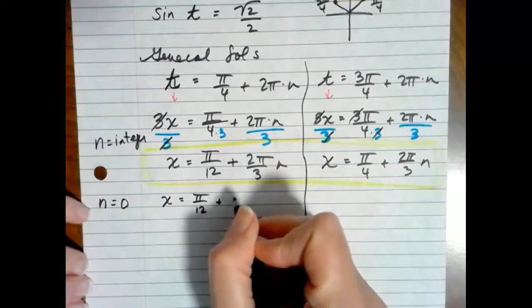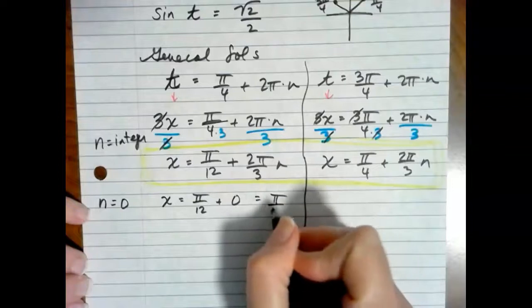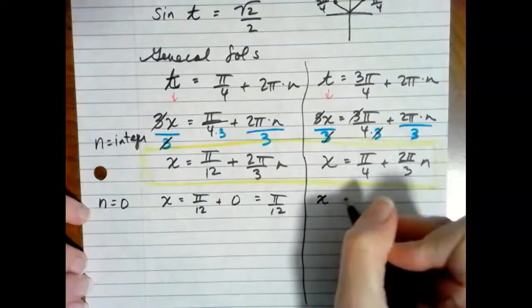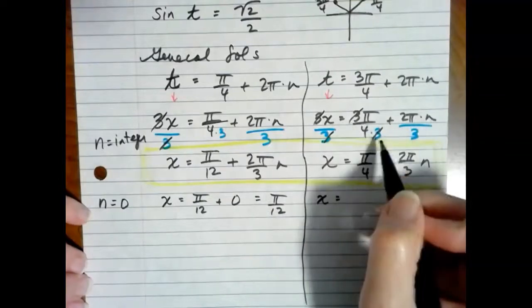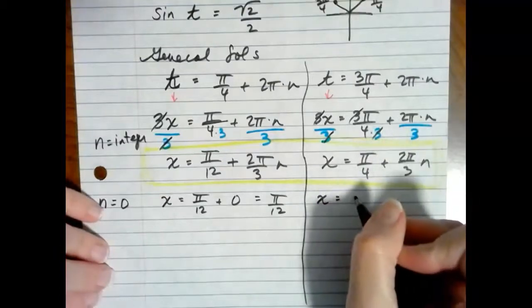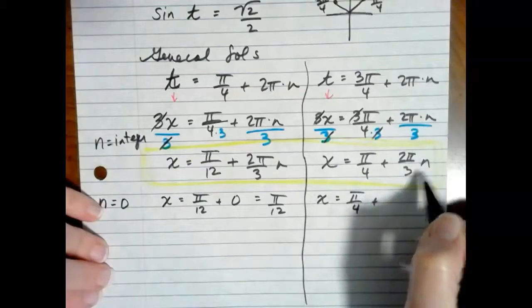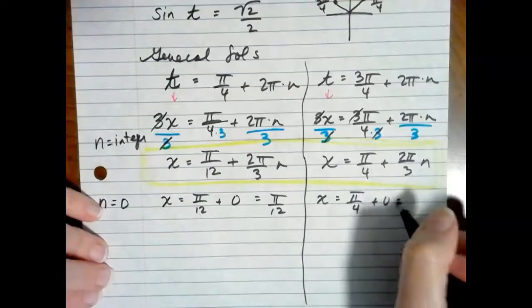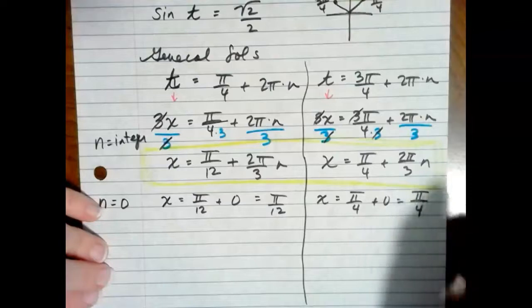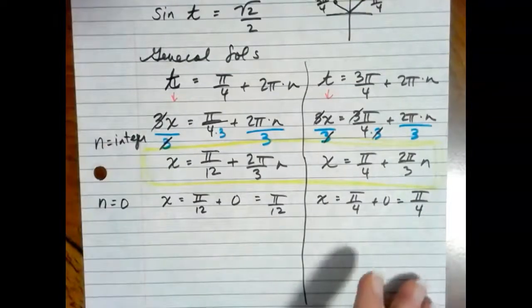If n is 0, then that's pi over 12 plus 0, which is pi over 12. Again, on the other side, remember we canceled those 3's. That's why they're not there. So we've got pi over 4 plus 2/3 pi times 0, which again is 0. So that gives us pi over 4. So these are our first two solutions.